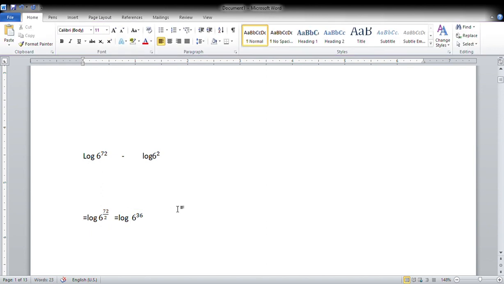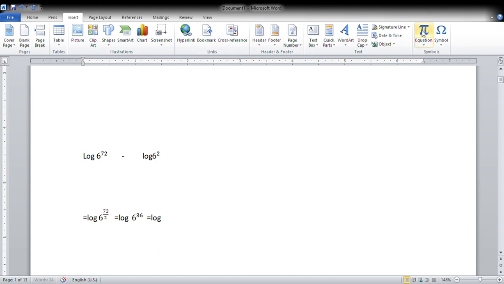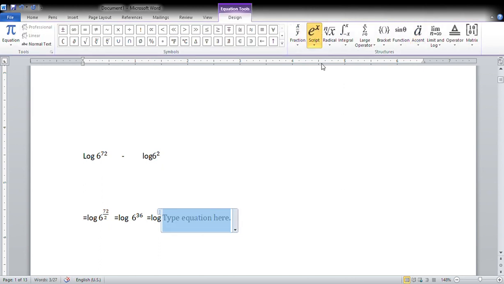So we can write 36 as 6 to the power 2. That means log with the base 6 of 6 to the power 2, right?